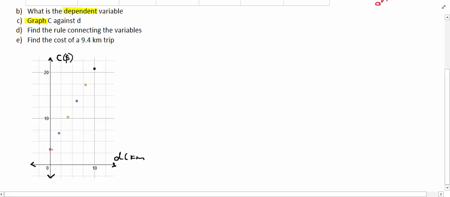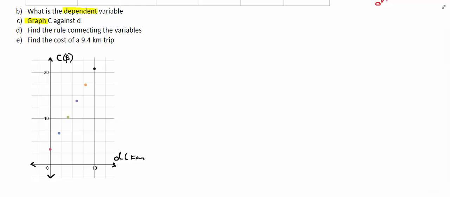And then we can plot our points. So at 0, it was 3.3. At 2, it was 6.8, etc., etc. And once you have plotted your points, you can then join them with a nice linear line. Keeping in mind I've got the arrow on this end because as the distance keeps getting larger, the cost is going to keep getting larger as well, and that will just continue on.